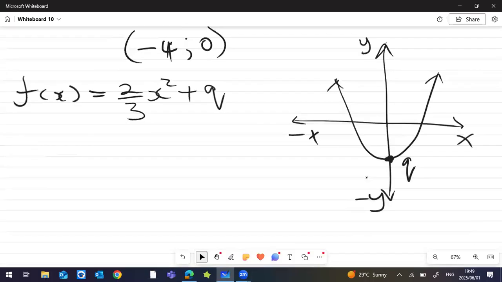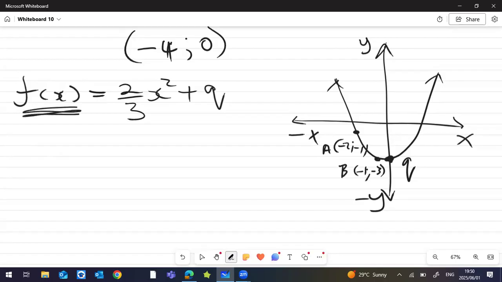We know there is a point somewhere here, which is our A with coordinates -2, -1. Another one is somewhere here. This one has coordinate -1, -3, which is your B. So I can take any point and substitute it as my x and y here. Remember your f of x, that is your y here, which is -1.